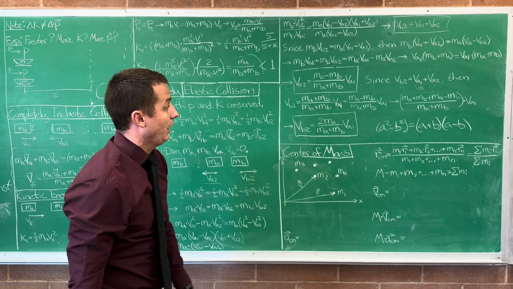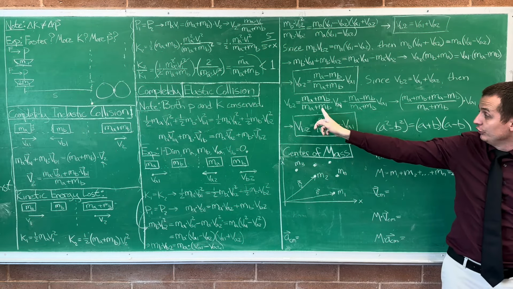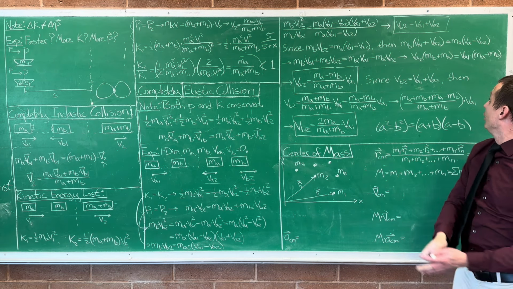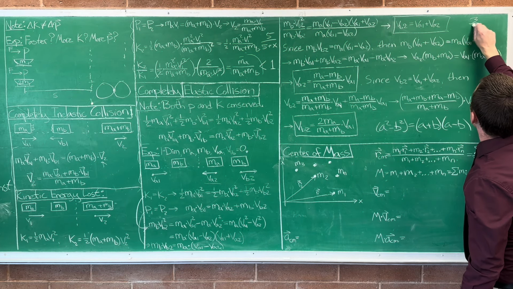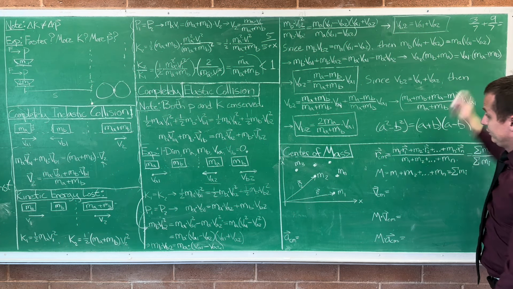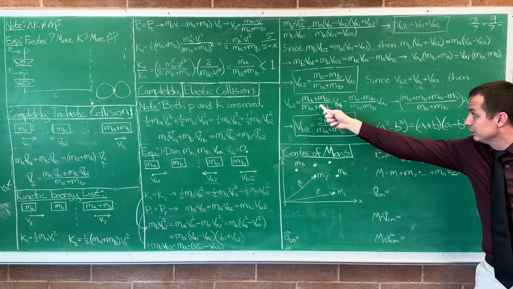Okay, so now going from here to here, factor out the VA1, there it is. And now, if two fractions have the same denominator, you can just add them together. What is 3/7 plus 9/7 equal to? 12/7. So since this fraction has the same denominator as this fraction, we can just add them together.